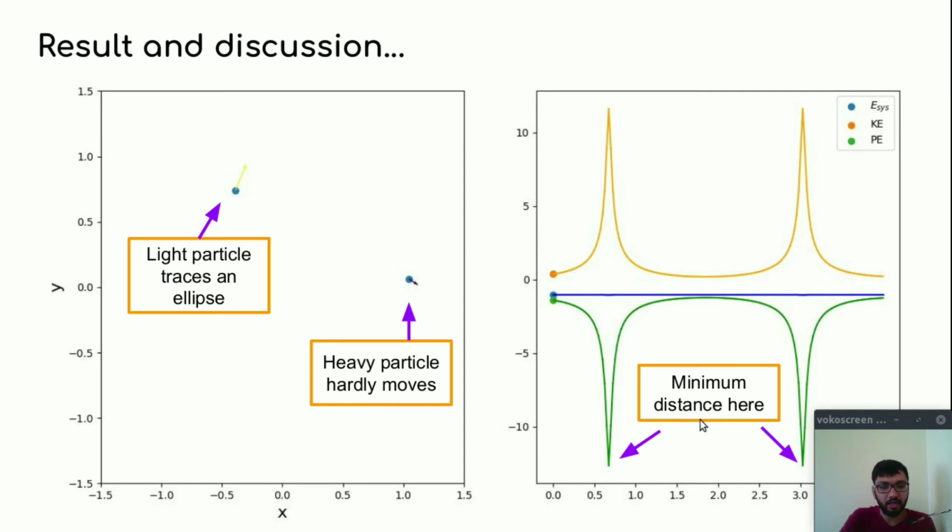And one more thing which we have learned from this system is that whenever these two particles come closer to each other, we have a sharp peak in kinetic energy. This is because the interaction is very high, so there is an exchange between potential energy and kinetic energy. That's why we are getting these kinds of spikes.